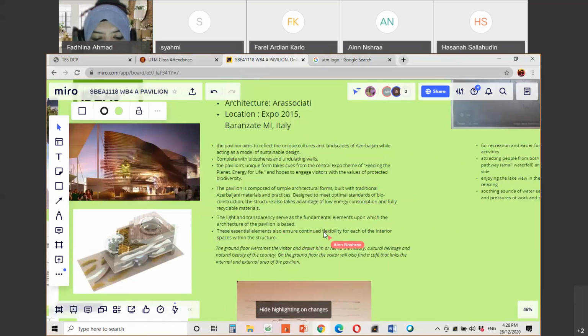The pavilion aims to reflect the unique culture and landscape of Azerbaijan. It comprises biospheres and undulating walls.